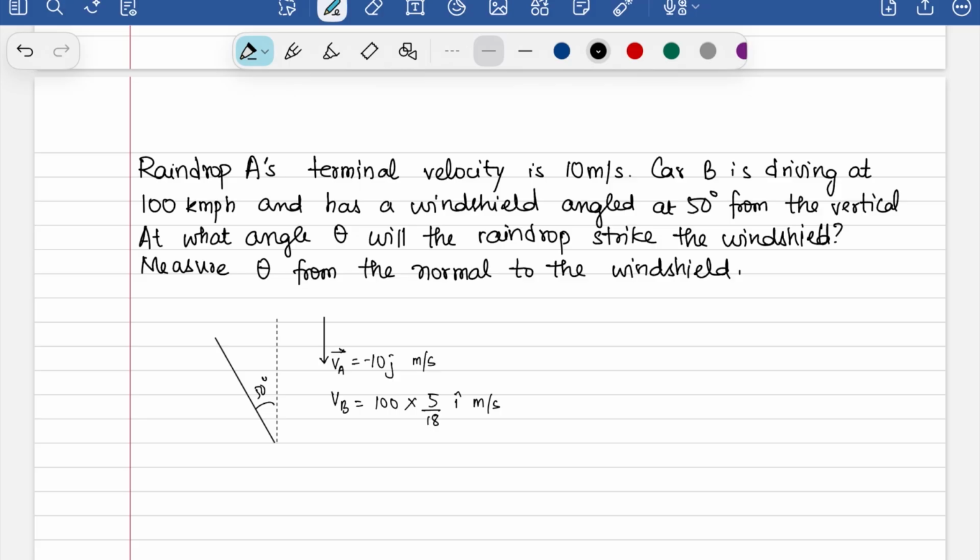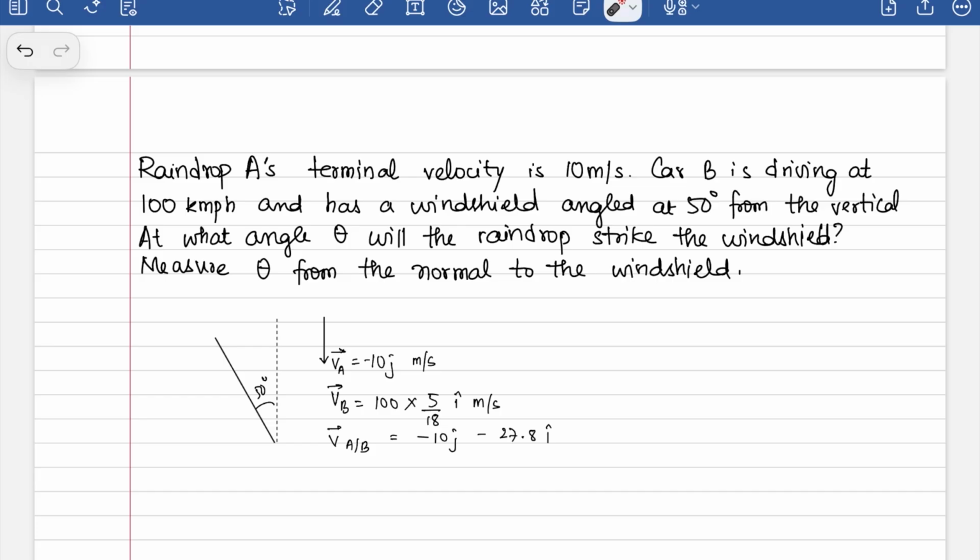So these are vectors, and now I have to write the velocity of A with respect to B is minus 10 j hat minus 27.8 i hat. So that is the velocity that the raindrop will make with respect to the car as the car is being driven. Now the question asks, at what angle will the raindrop strike the windshield?